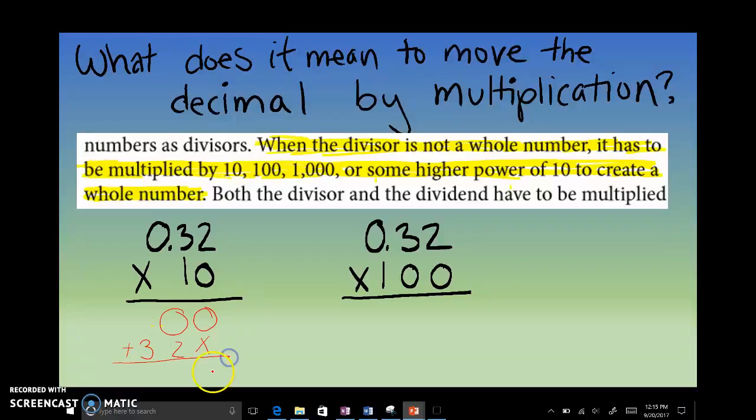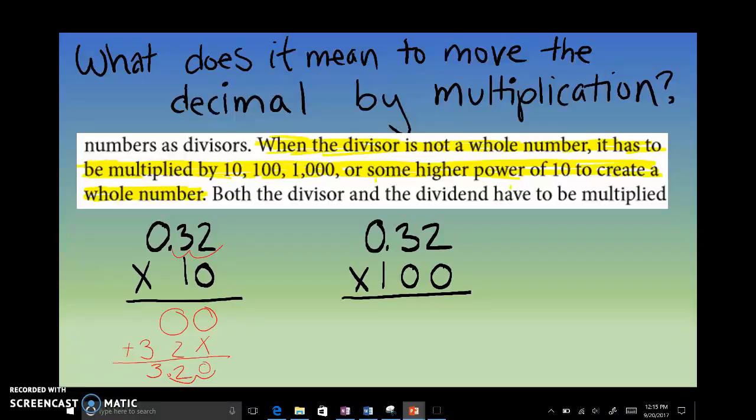And when we add those, we have 0, 2, and 3. And we're going to use our rules of multiplication. So we go out 2 and back 2. So if you see with this, we multiply by 10, so we see the decimal point moving, but it doesn't move quite far enough. So we want to make 0.32 into a whole number, we'll try 100.